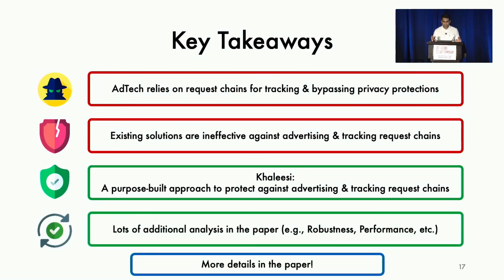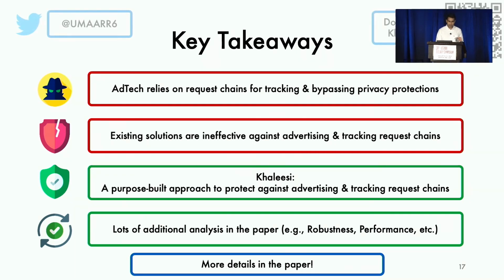We have a lot of additional analysis, which I did not get a chance to talk about here. Some of that includes Khaleesi's evaluation on 5 different data sets, where we interact with different crawling configurations, which include different browsers and interaction. Khaleesi's robustness against commercial and other classifiers that are proposed in research, and also its runtime performance. So I would encourage you to read the paper to know more about that.